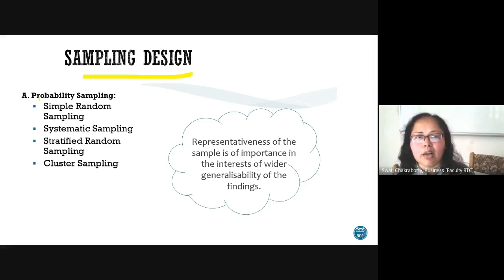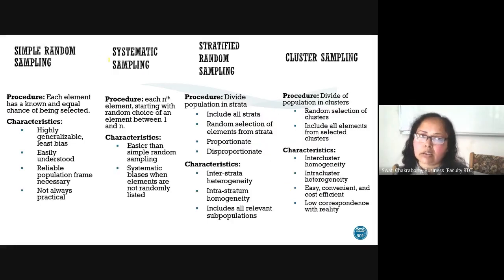When we talk of probability sampling, it could be simple random sampling, systematic sampling, stratified sampling, or cluster sampling, where the representativeness of the sample is of importance in the interest of the wider generalizability of the findings.